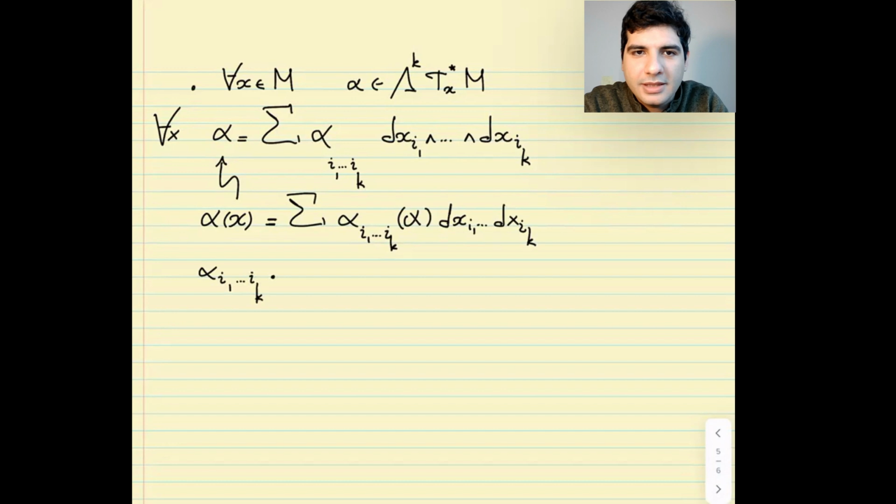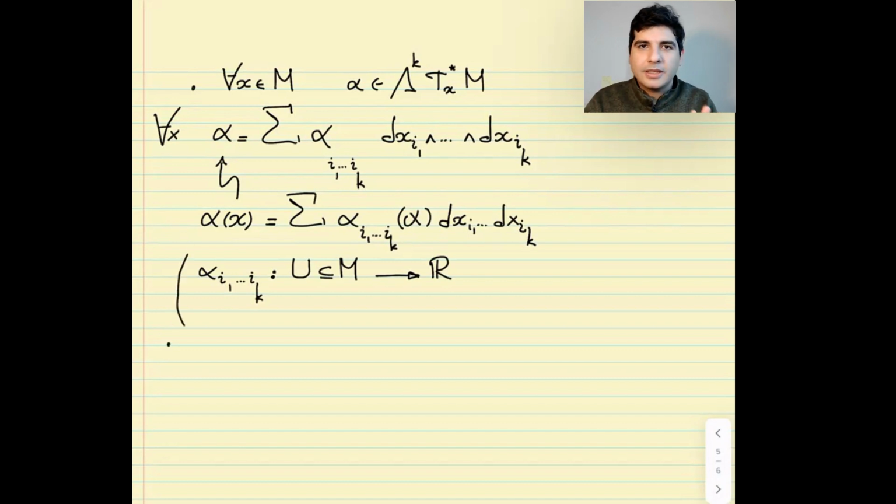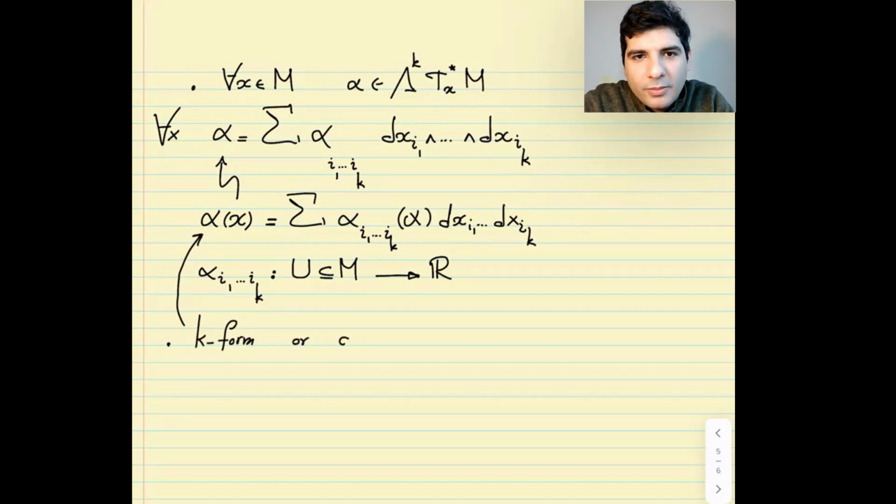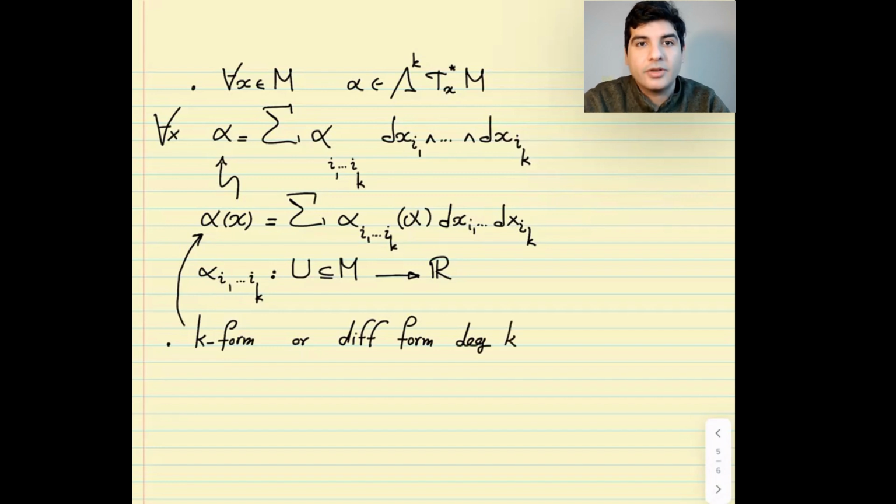So I think about these as functions, let's say, defined on some open neighborhood U around x to R. Okay, this object, which is essentially made by putting together all these linear forms on tangent spaces and defining it over an open set, I call a differential form. So I call it a k-form, or a differential form of degree k. Okay, great. So that's our definition of differential form.